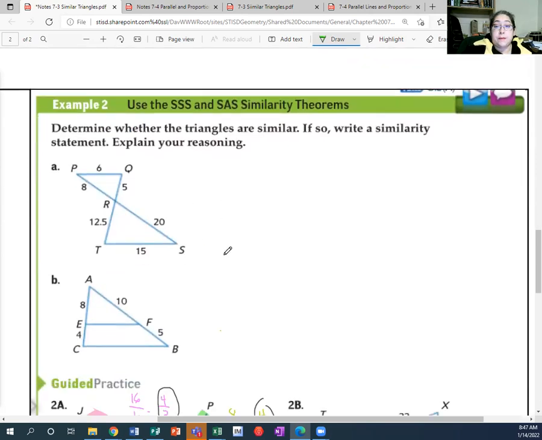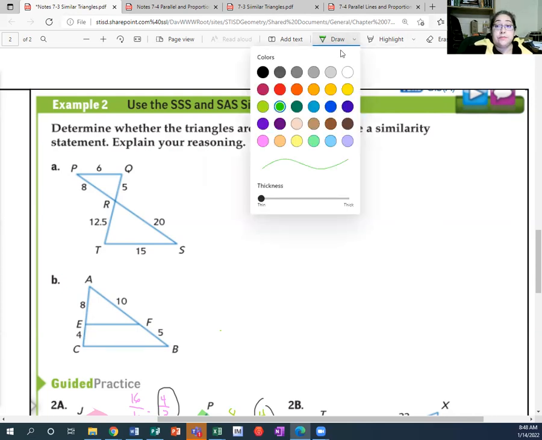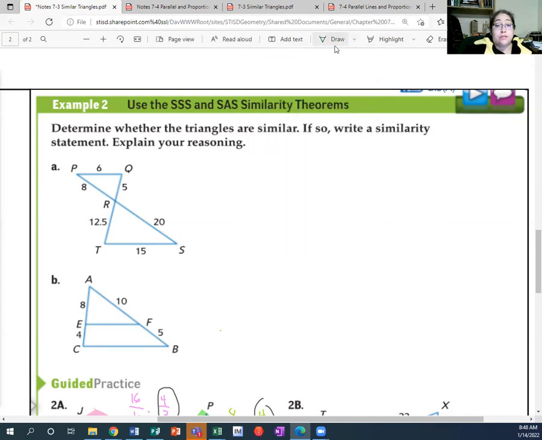I want to do example A. All right, we want two pairs of sides to be in proportion. That means they have the same fraction. And we want a congruent angle. I'm going to grab the congruent angle first because I see some sides intersecting. Because these sides are intersecting, I've got some vertical angles here and here, and so those angles are congruent.